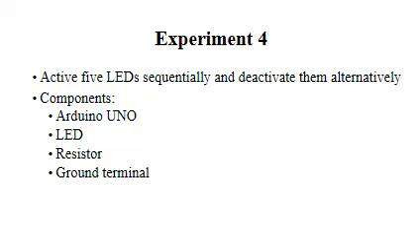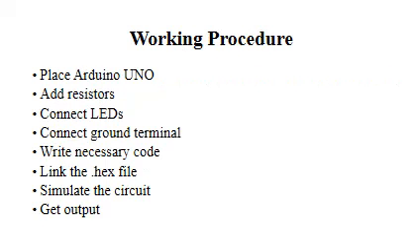The required components are Arduino UNO, LED, resistor and ground terminal. Here we present the working procedure. First, draw the circuit in Proteus software. For this, take Arduino UNO, resistors, LEDs and ground terminal and then connect all of them using wires.